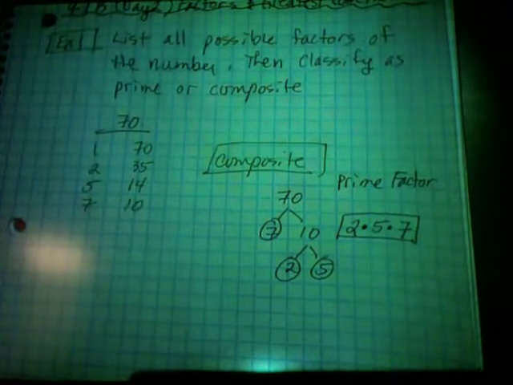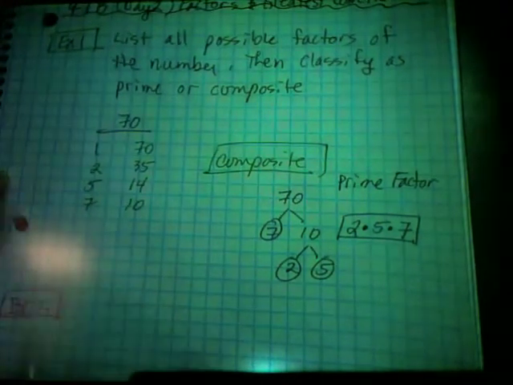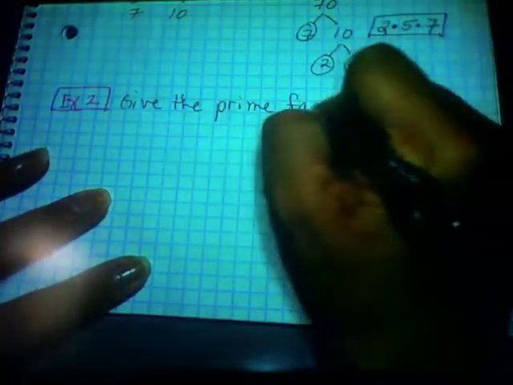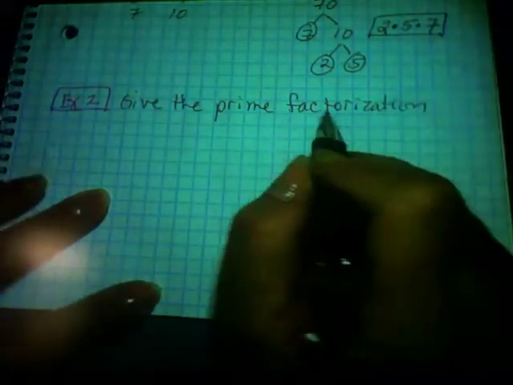So how does that change it? Example 2. It really doesn't change it much. Give the prime factorization of each number.